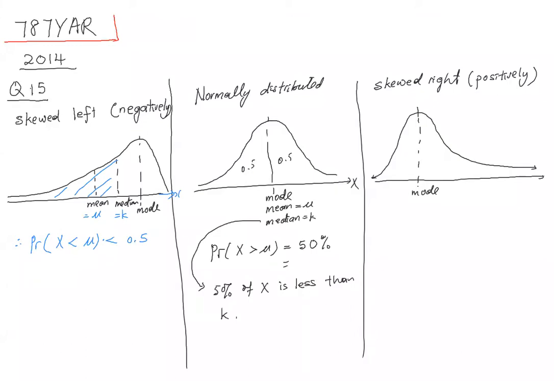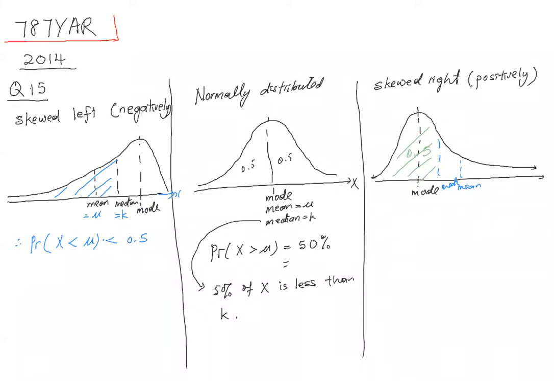Are you okay? For skewed right, there are a lot of very big positive values to the right, which pull the mean up. So the mean is here and the median will be here. This shaded area to the left of the mean is also 0.5 to the median.